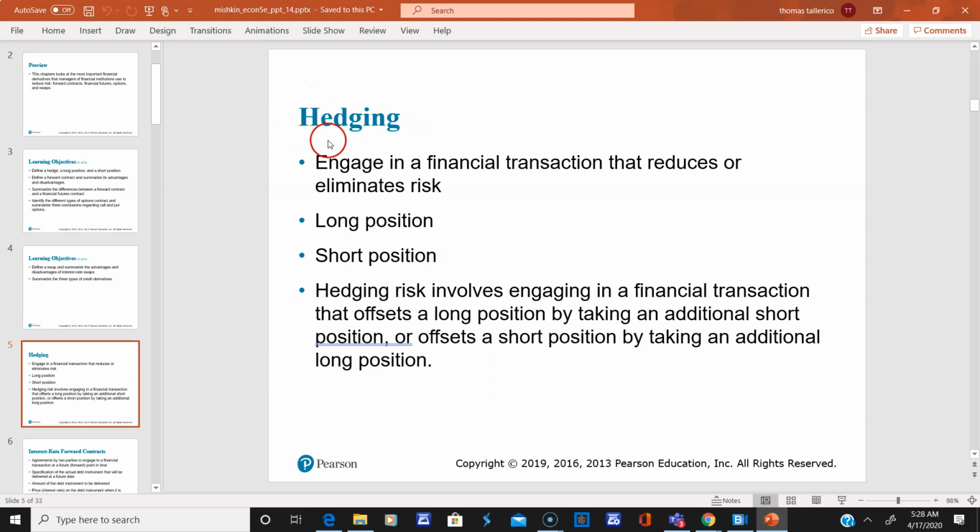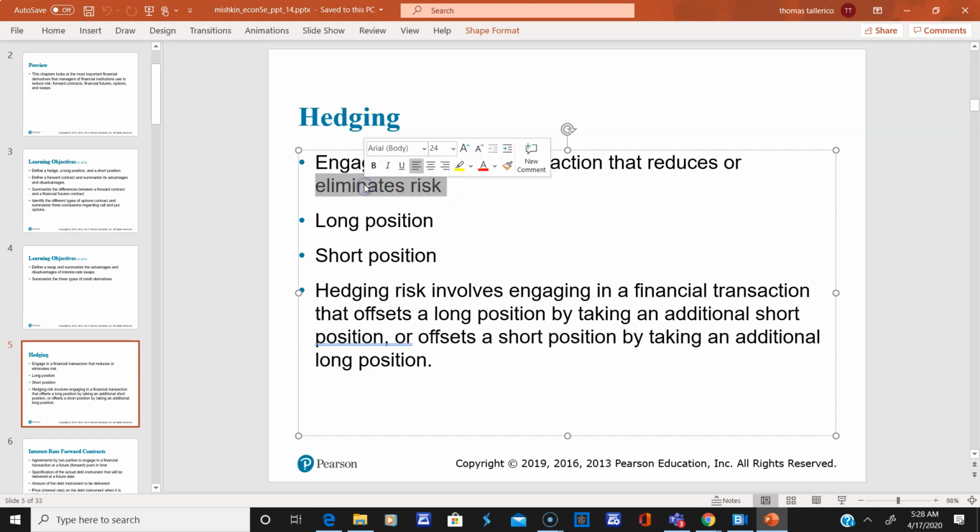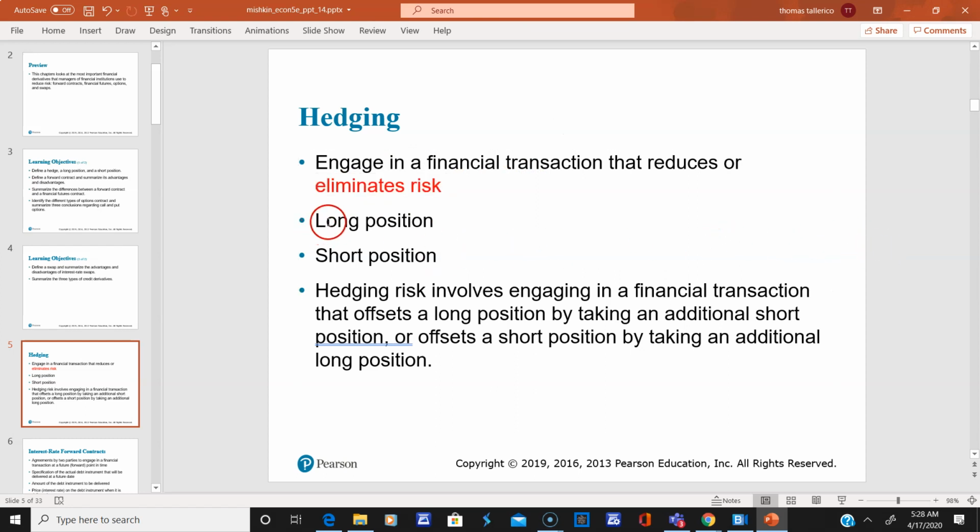But people who are engaged in businesses will use derivatives to hedge or reduce risk, just as it says here. So this is an important statement. Eliminate risk. And you could either take a long position, right?